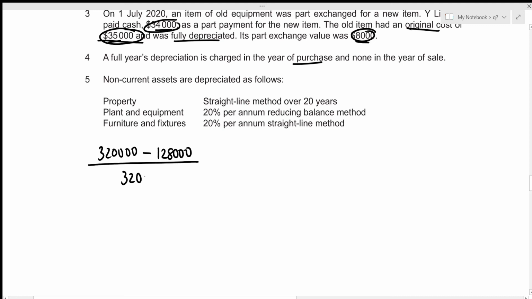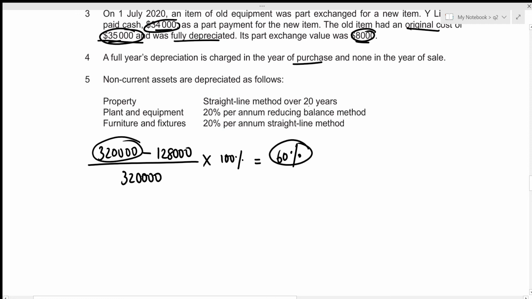So that's 320,000 again, times 100%, and this gives the percentage of the property still not depreciated to be 320,000 minus 128,000 divided by 320,000 times 100%, which is 60%. So out of the total cost of 320,000, 60% is yet to be depreciated.